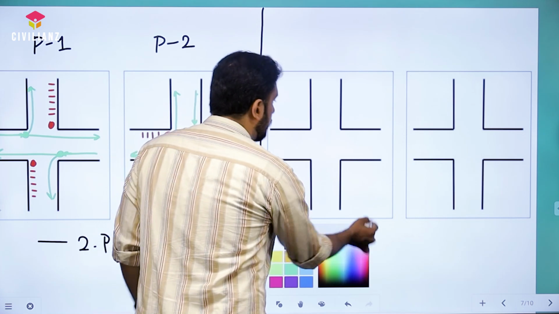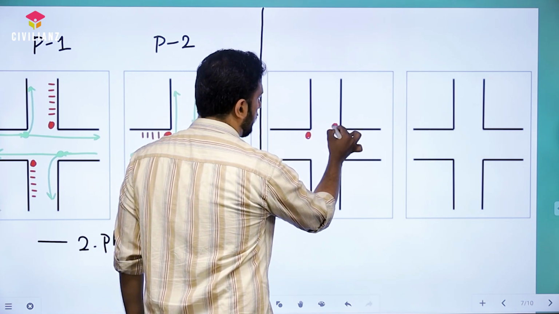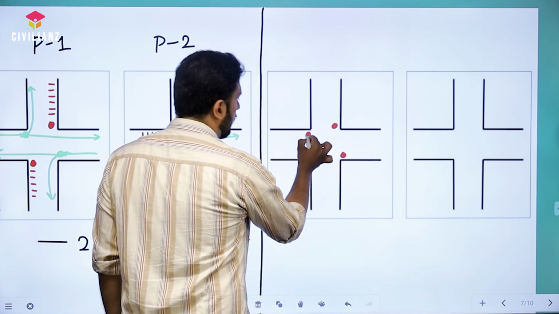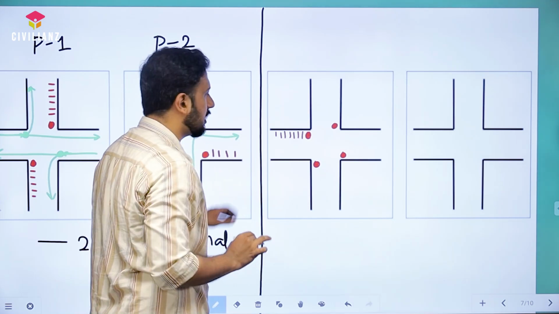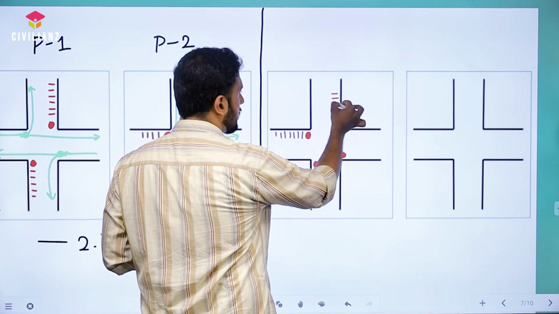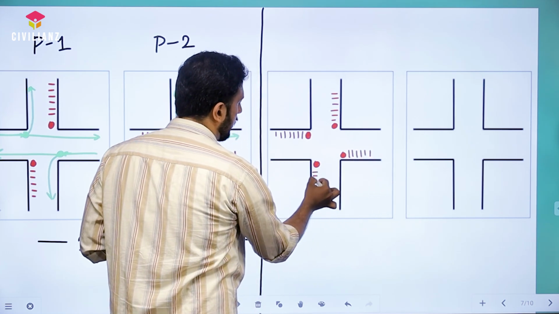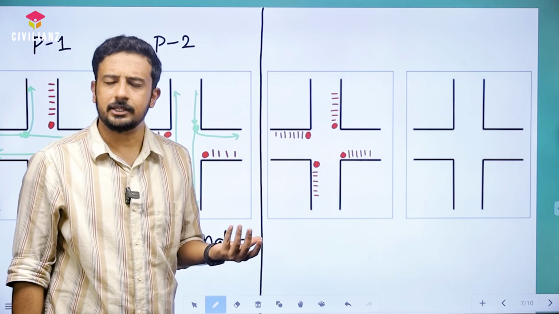Now, is there any situation where I draw a signal cycle, or simply a signal situation, like this? There is a red signal on this road, which means all the vehicles coming on that road stop. Red signal here also, so there is a queue. Red signal here as well, there is a queue. Red signal here also, there is a queue. Will there be any situation like this?